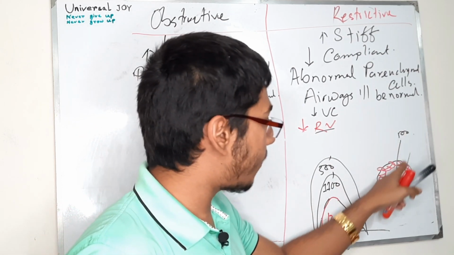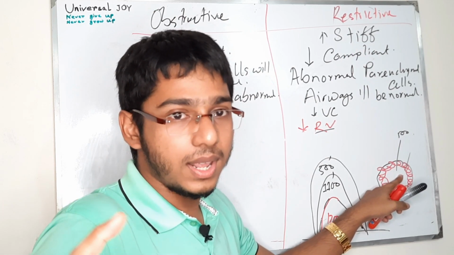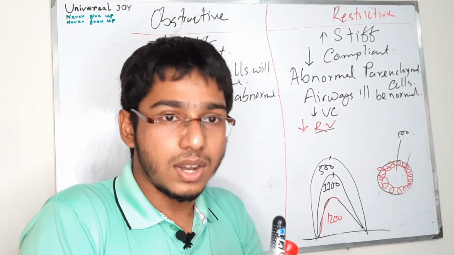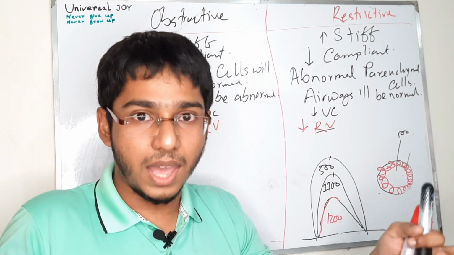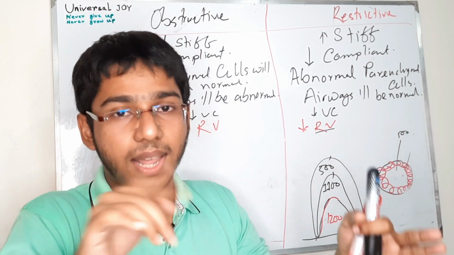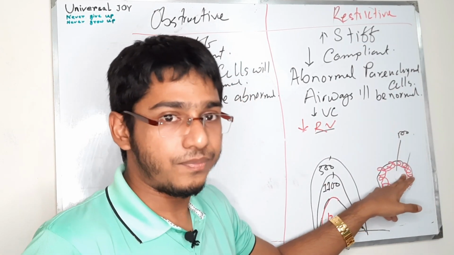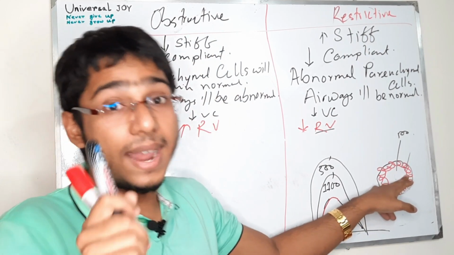The walls of the airways are going outward from each other. That is the major reason why it allows 500 ml of air to move into the lung during tidal inspiration.